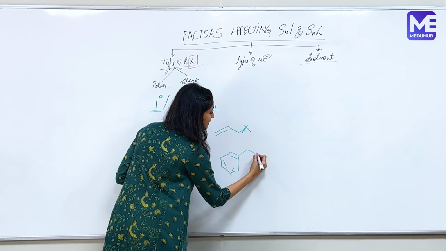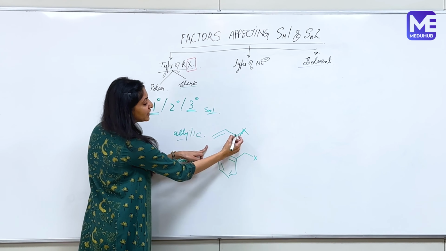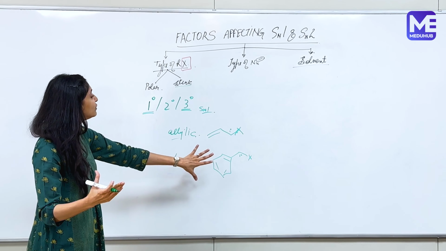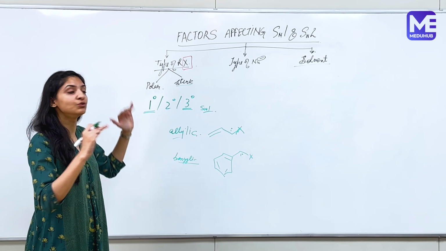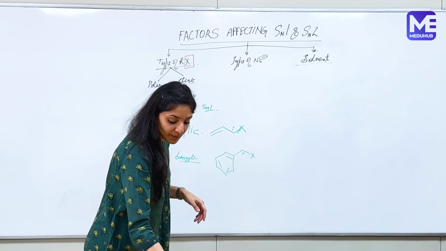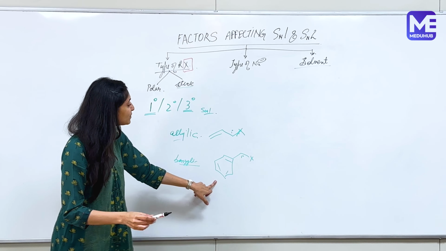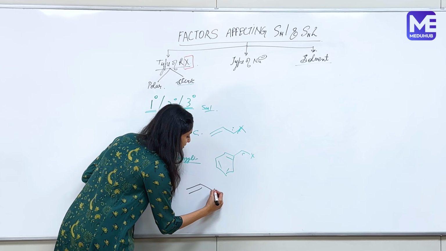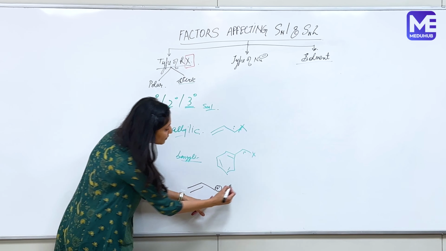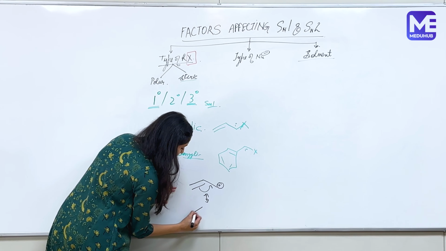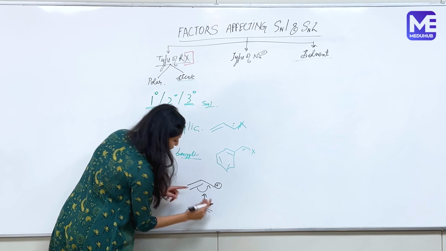So prima facie, if you look at these two, both of these are 1 degree halides. So you would suggest that they would undergo an Sn2 mechanism to have a nucleophilic substitution reaction. But there is a special stability attached to the carbocations which are formed in these two cases. The carbocation formed will be somewhat like this, and these will be resonance stabilized. So this will give us the positive charge here and the negative charge here.